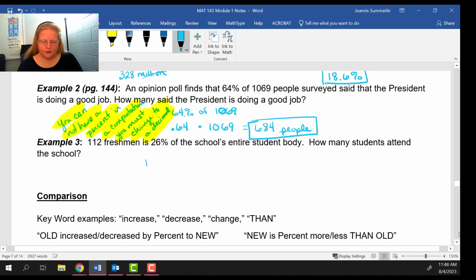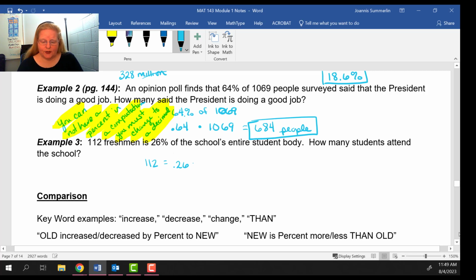112 freshmen is, we said is was the same thing as equals, 26% of the school's entire student body. I'm not even going to write the 26% in. Instead, since I'm writing my equation now, I'm going to go ahead and write 0.26 because I know what's coming.